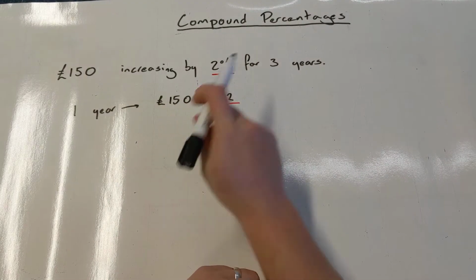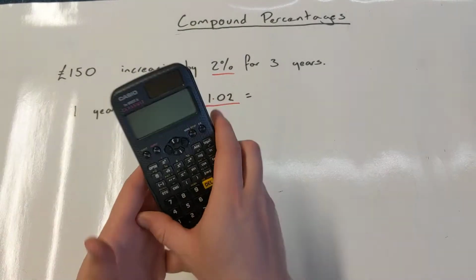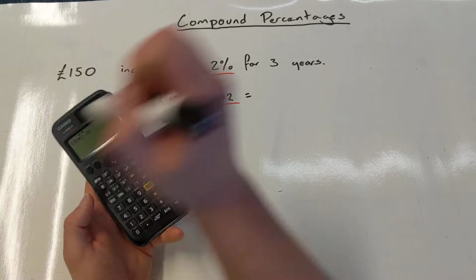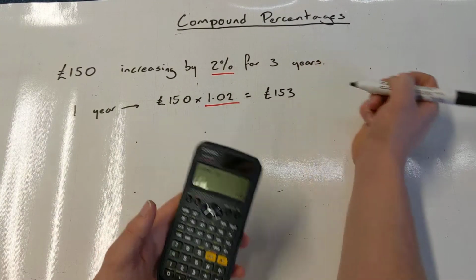So we do 150 times 1.02, and you'll be glad to know this sort of thing would be in your calculator paper. That's going to give us £153.